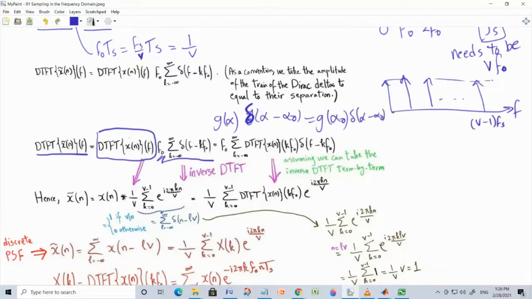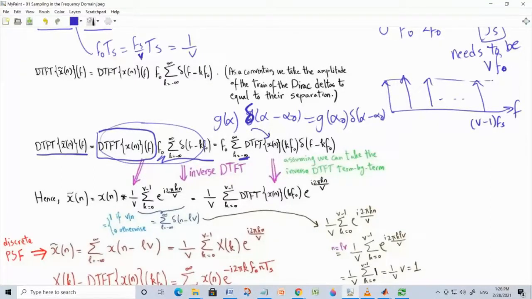So the second option is to take this function of frequency, insert it inside the summation and evaluate it at kF0. Then you do the inverse discrete time Fourier transform. You do it for this and you do it for that.